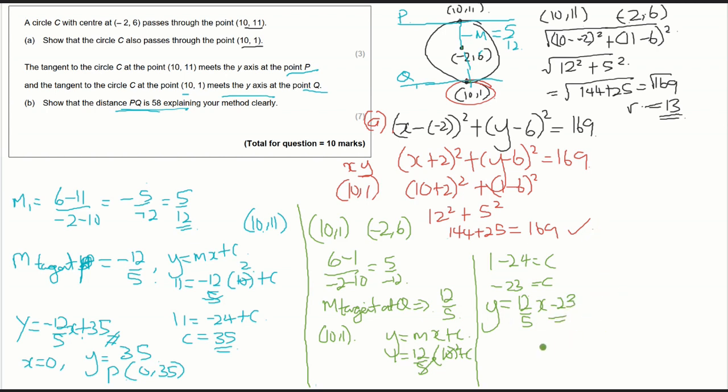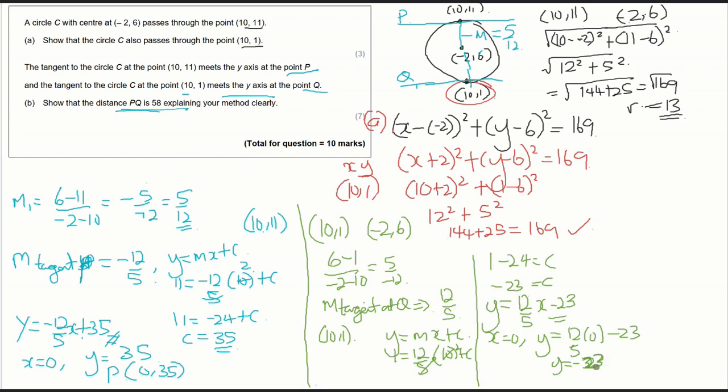Now find the coordinate of Q where the line cuts the y-axis. When a line cuts the y-axis, x becomes 0. So when x is 0, y equals 12 over 5 times 0 minus 23. Therefore, y equals negative 23.